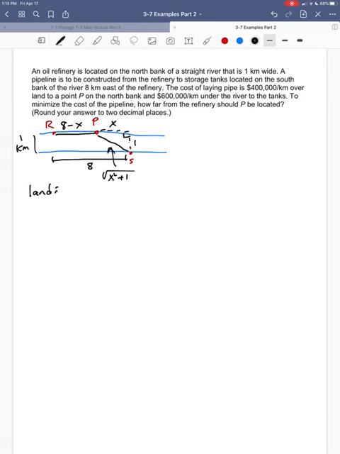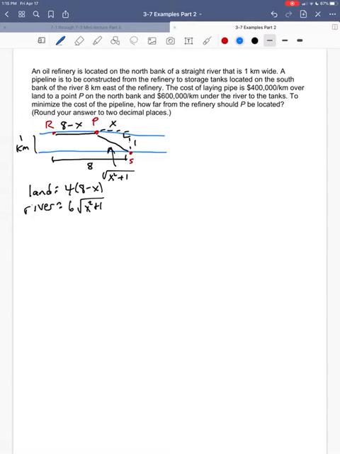So the cost is going to be 4 times 8 minus x. Whereas the pipeline under the river, its cost is 6, right? $600,000. And the distance under the river is this diagonal distance, the square root of x squared plus 1. So it would be 6 times the square root of x squared plus 1.